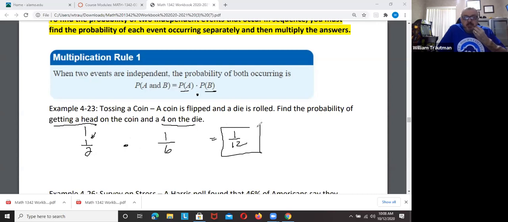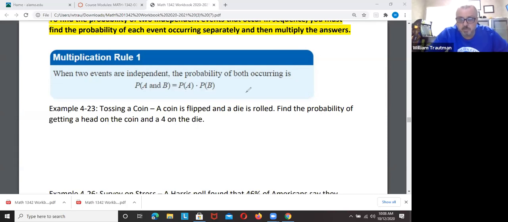So the probability of getting a head when you flip a coin and getting a 4 when you roll a dice: a head is 1/2, a dice getting a 4 is 1/6. So you multiply those two together. They're independent. One doesn't affect the other. Flipping a coin doesn't affect how the dice will roll.